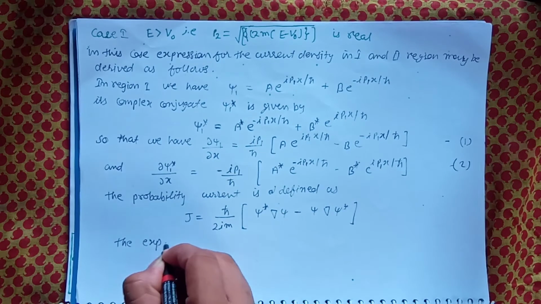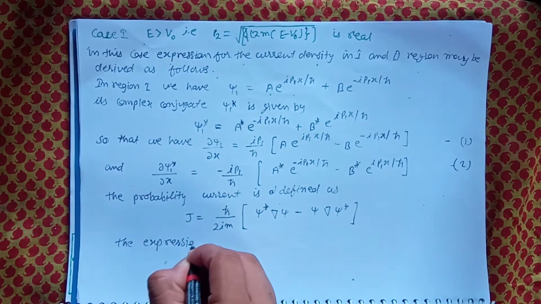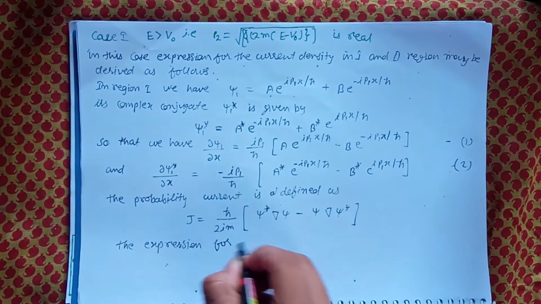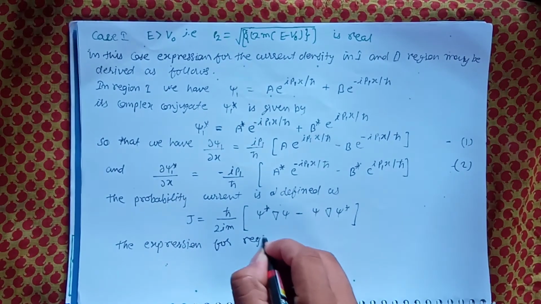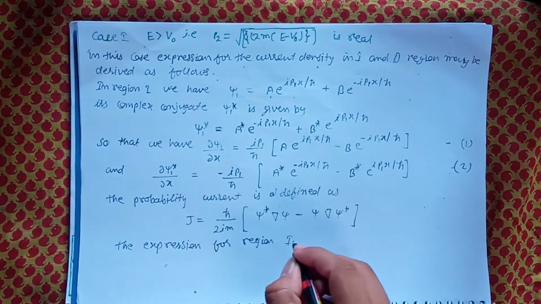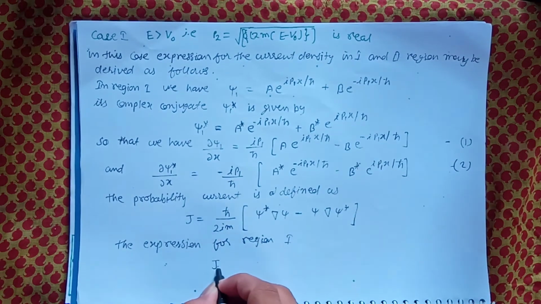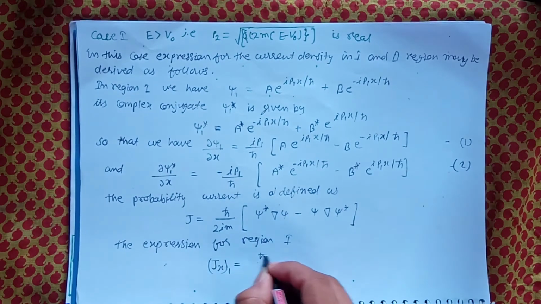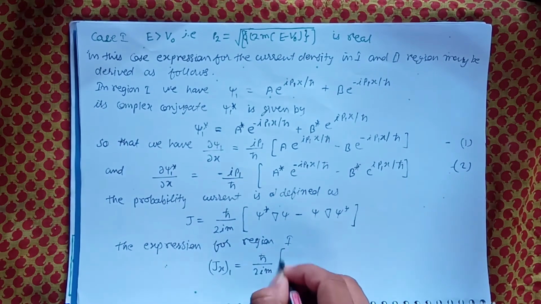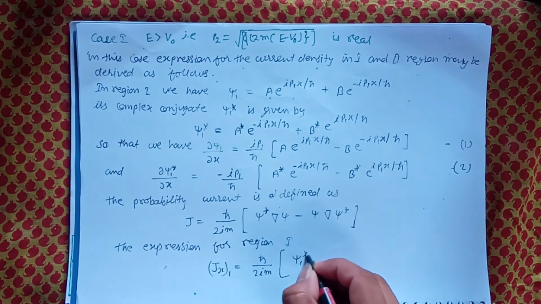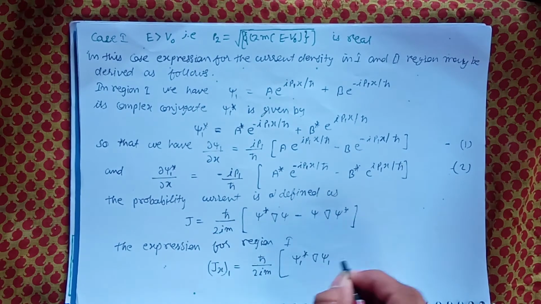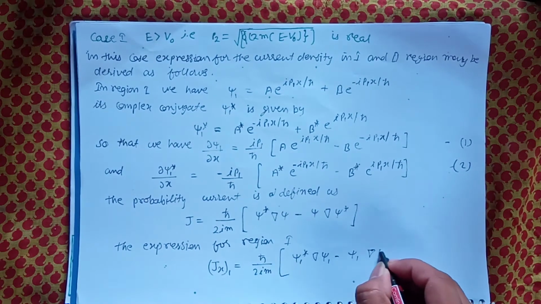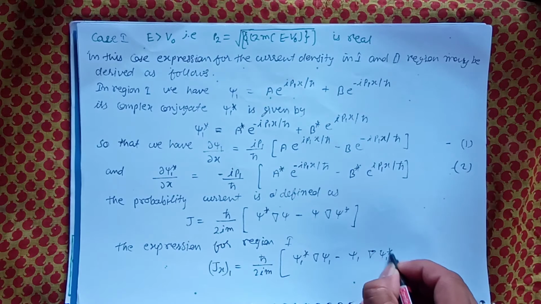The expression for region first, jx first is equal to h cross over 2 iota m (psi first star del psi first minus psi first del psi first star).